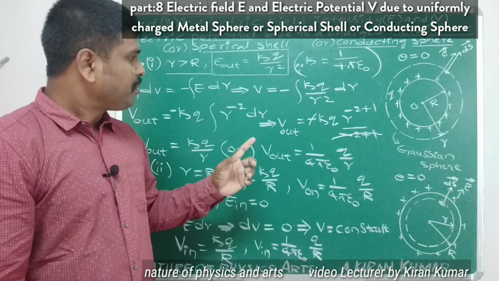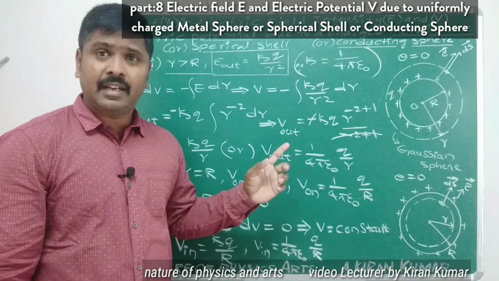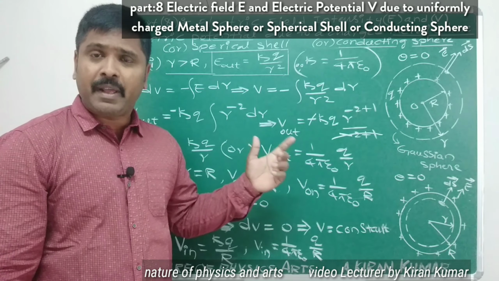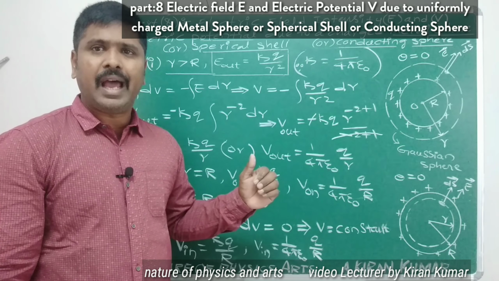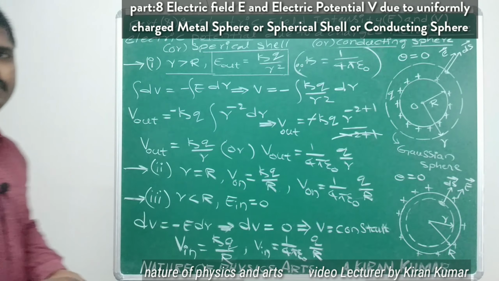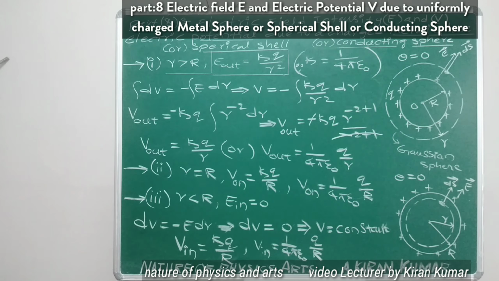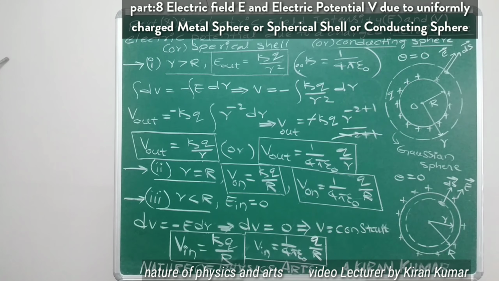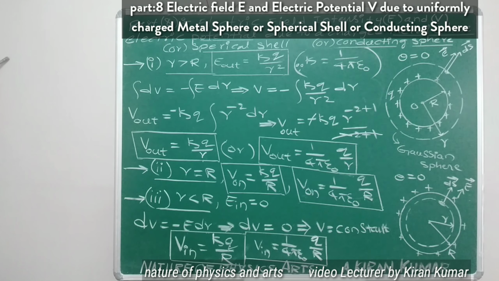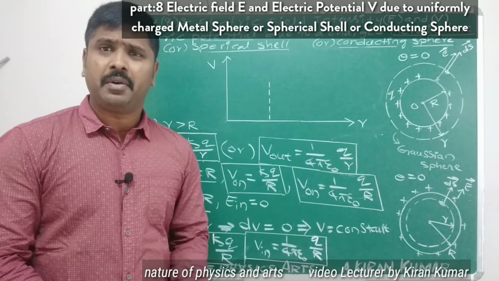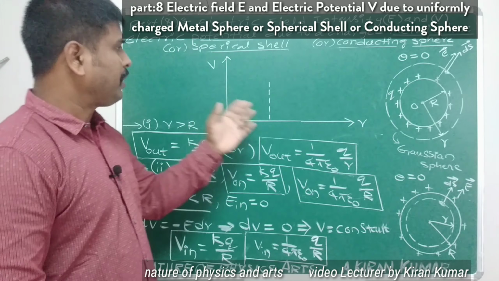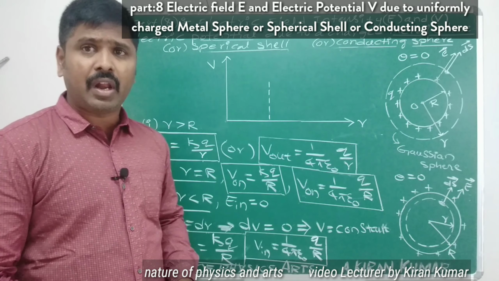Now we have to discuss the graph. Just a second, I will clean the board and explain the graph of potential and radius. See, now continuing, the graph between the potential and small r.